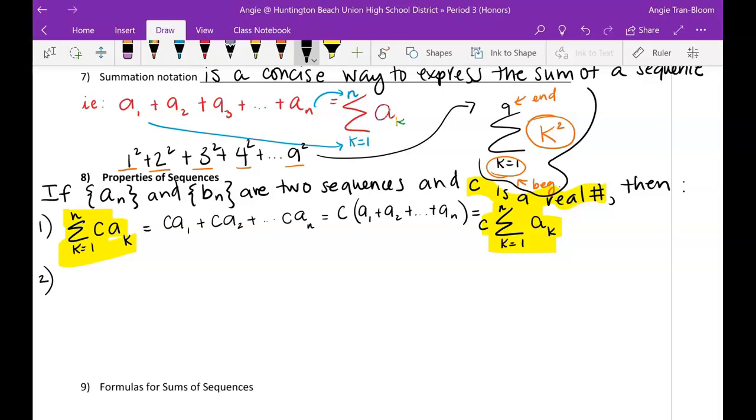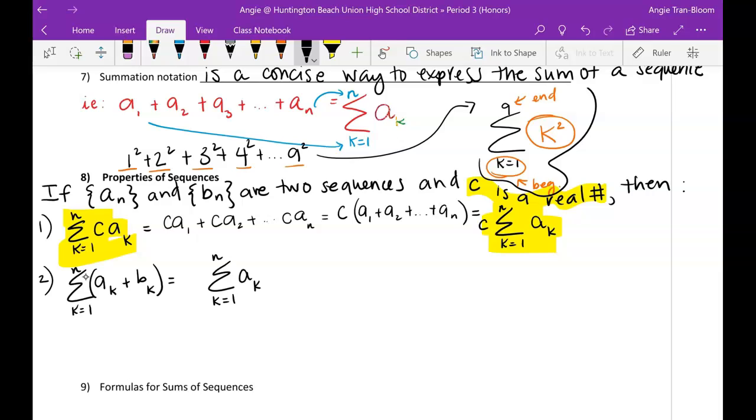2. The summation starting at k equals 1, it ends at nth, of A subscript k plus B subscript k, okay, in quantity. Then this is the same exact thing as if I were to break it up as 2 summations, okay?